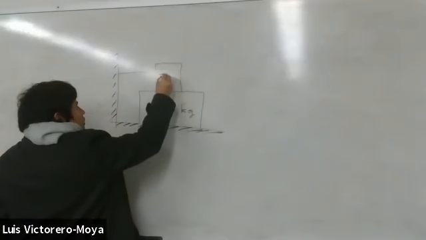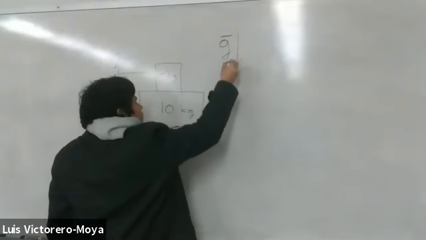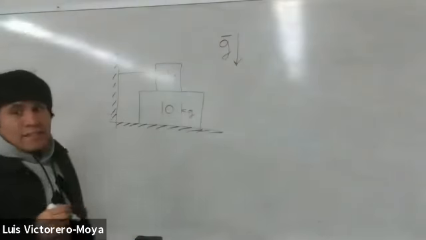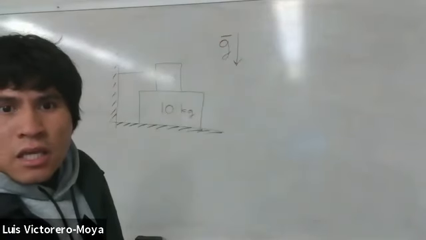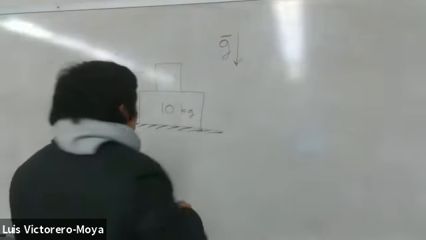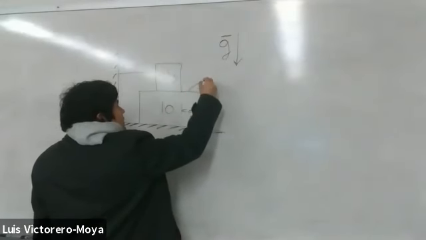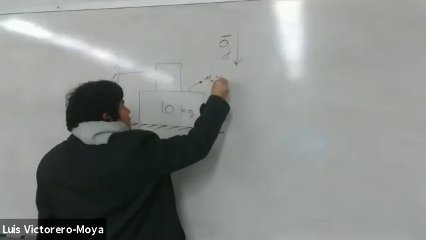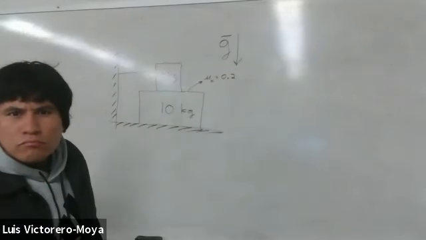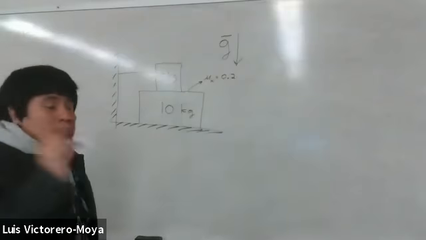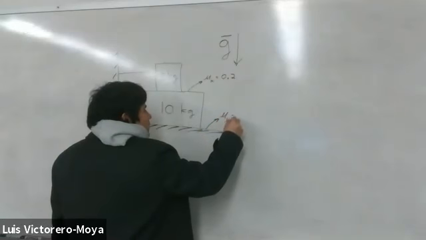Let's make this 5 kilograms. Always gravity going downwards. And they tell you that there is some friction between the bodies, and I'm just going to make it 0.2. So between the masses, mu k is equal to 0.2, and on all the surfaces. So there's also here mu k equals 0.2.